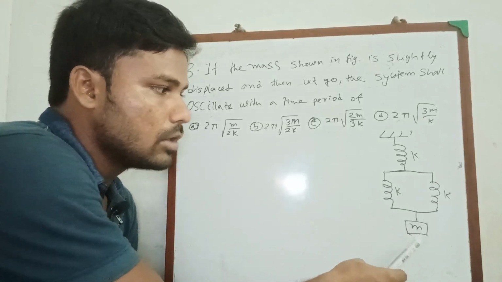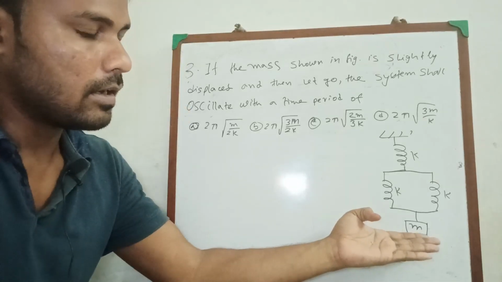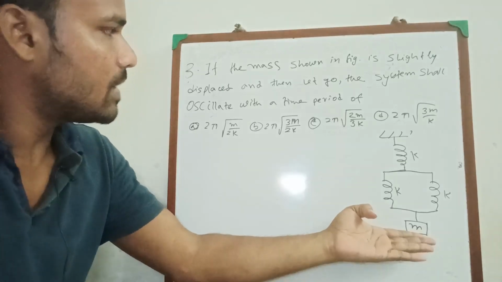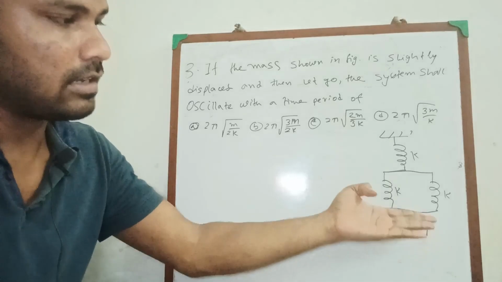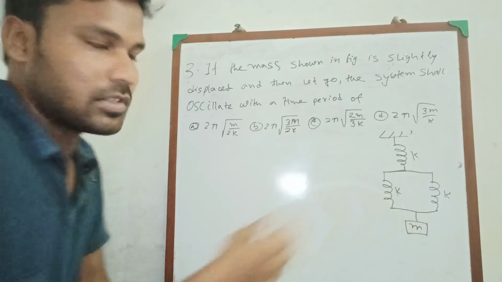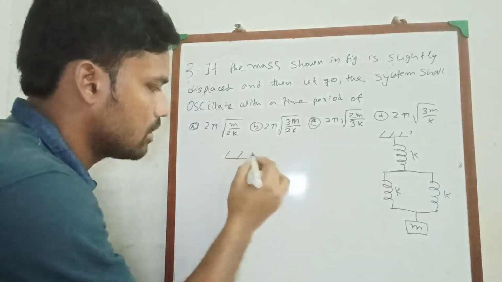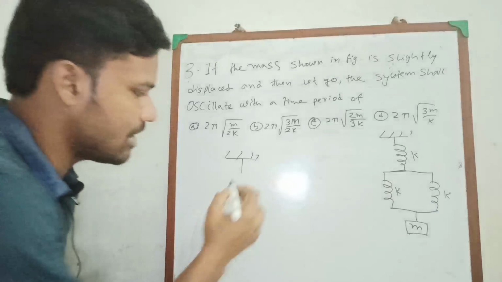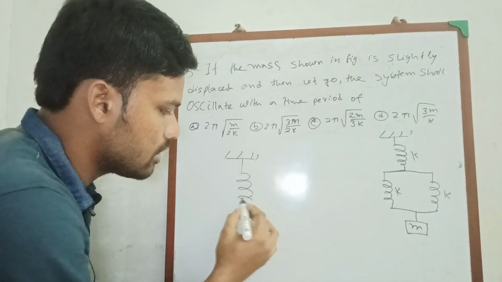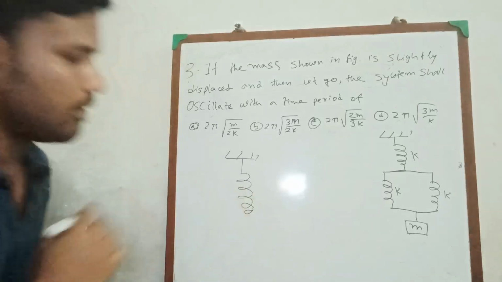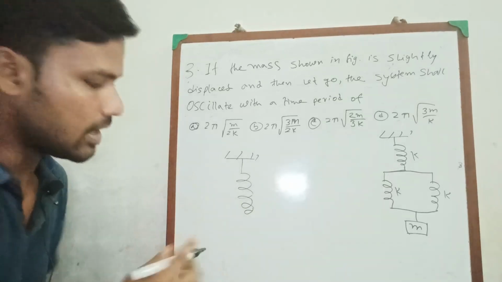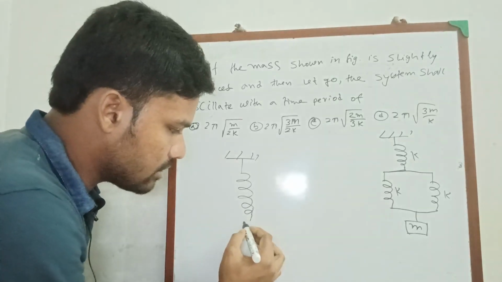So this question is, suppose this mass is attached over here. If I displace this mass upward or downward and let go, then it can oscillate. For a single spring, you can understand it easily. Suppose this is our spring in normal condition, and I just attach a mass.